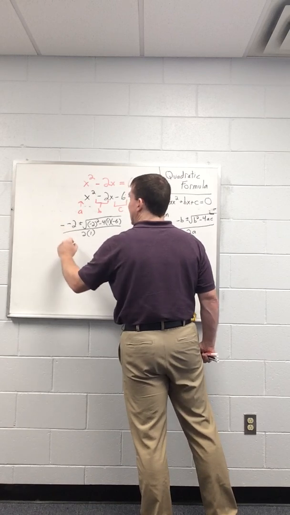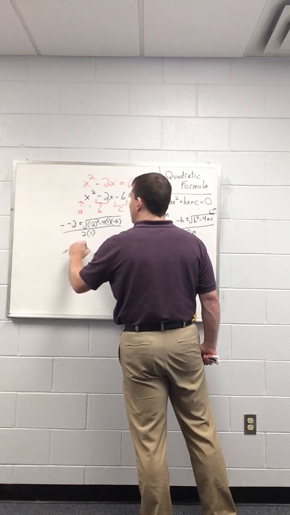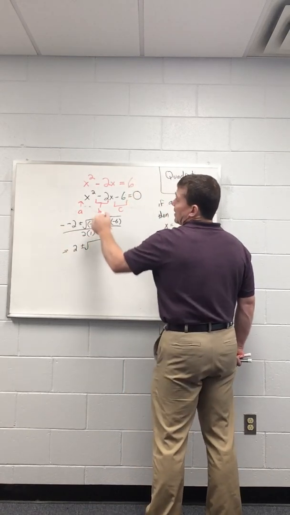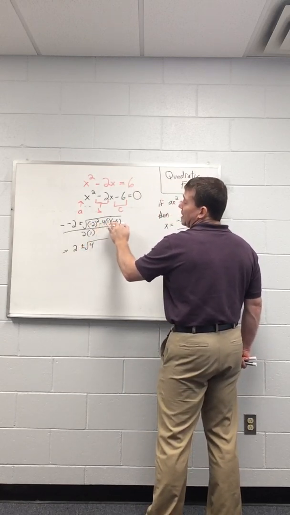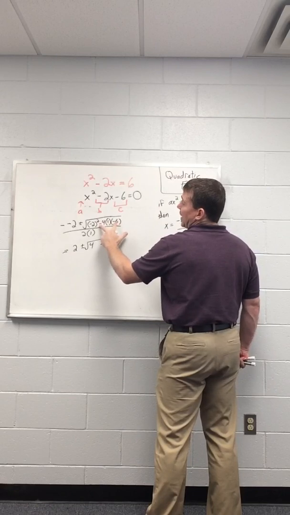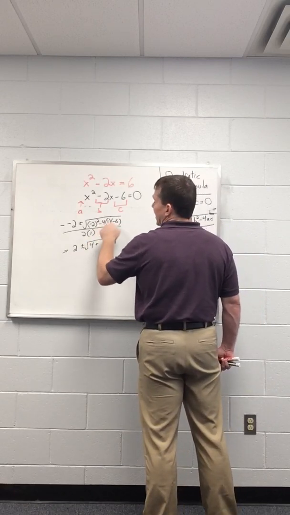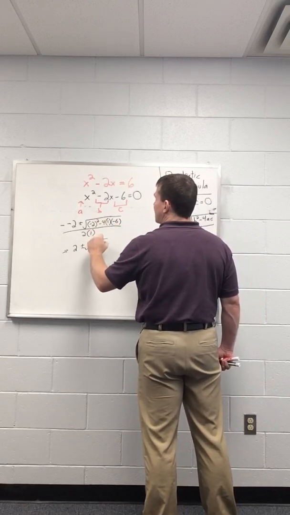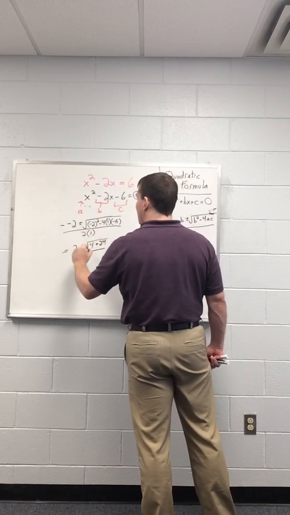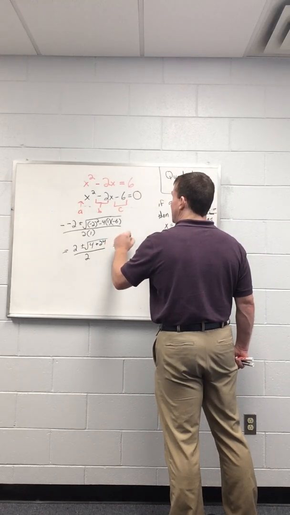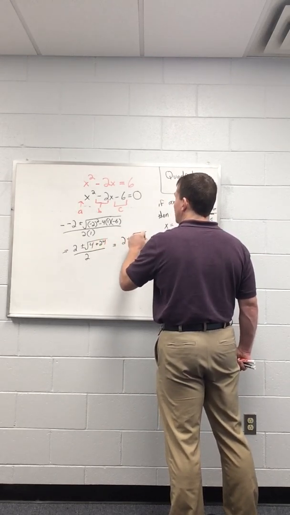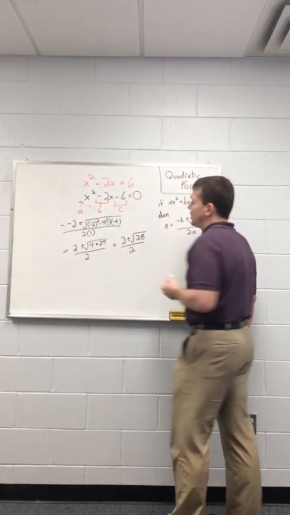Negative 2 squared is 4. Negative 4 times 1 times negative 6. The two negatives cancel, so it's positive, and then the 1 doesn't matter, so it's 6 times 4, 24. All over 2 times 1, which is 2. Which gives me 2 plus or minus the square root of 24 plus 4, which is 28, all over 2.